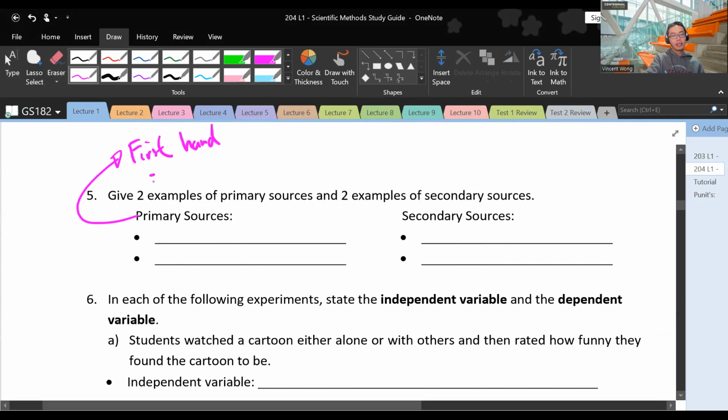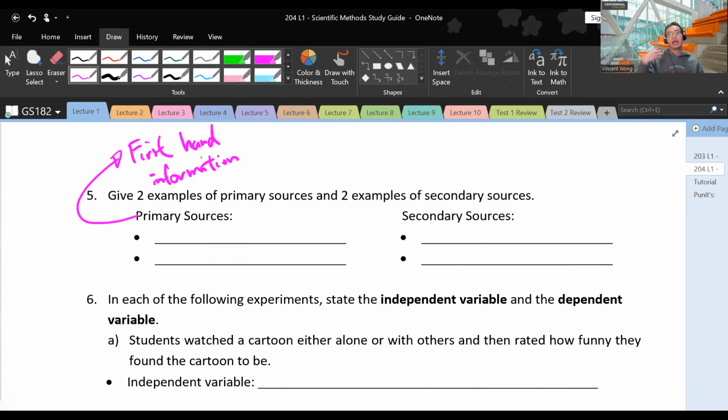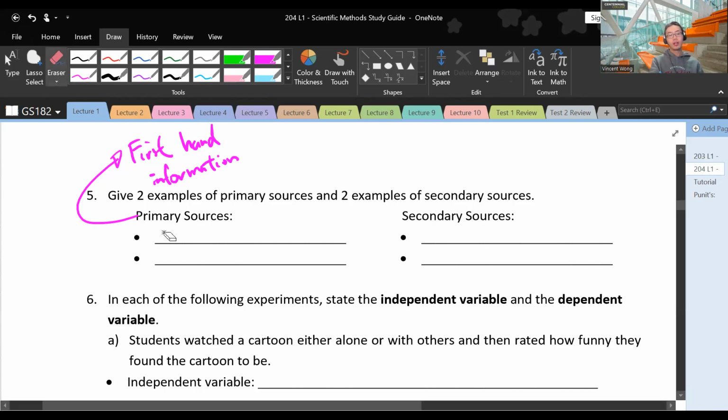Directly from the person who is conducting the experiment, for example, or directly from the person who is experiencing the event. So these are considered primary sources because it's first-hand information. They tend to be very accurate. They tend to be reflective of what's really going on.